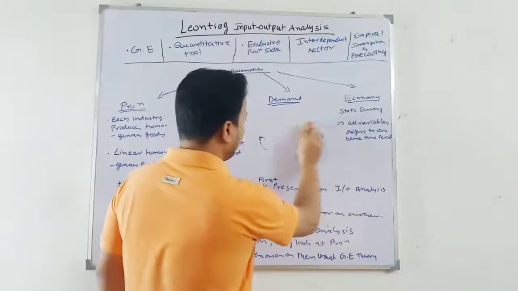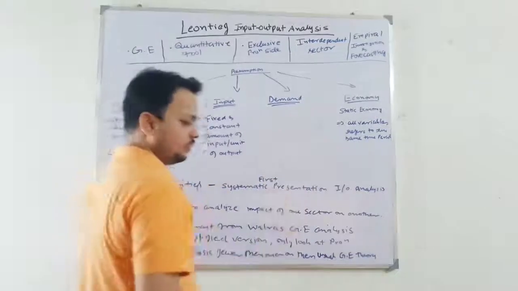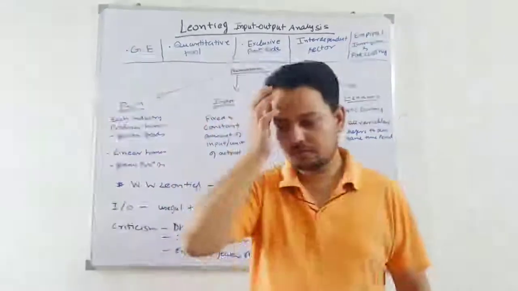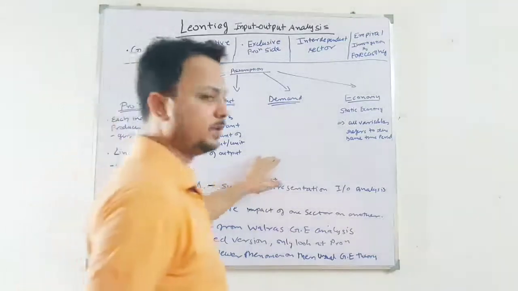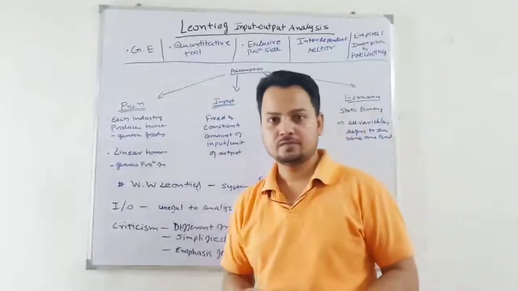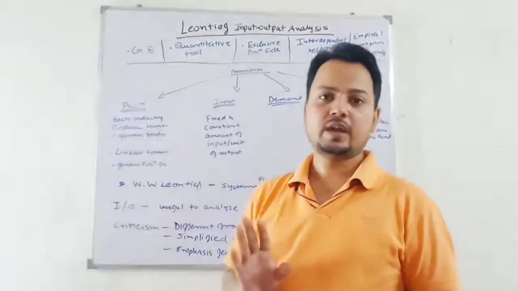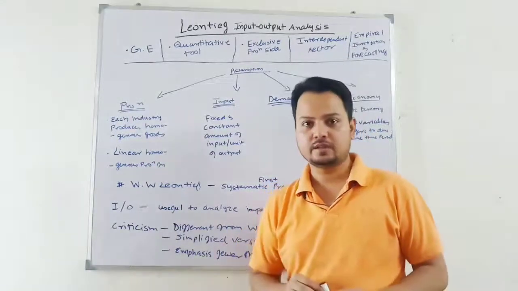In input-output analysis, what we are doing is general equilibrium analysis, but it is not as complex as that developed by Walras. The 2 by 2 by 2 example that I have given is a Walrasian framework. In input-output analysis, we are only looking at the production side.